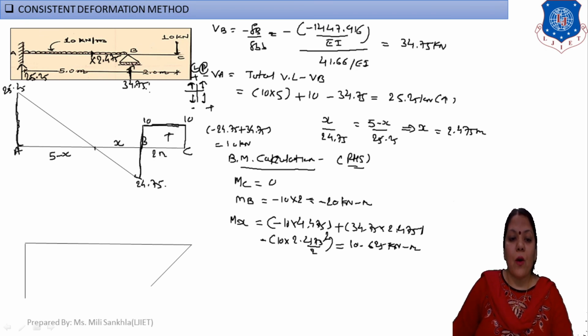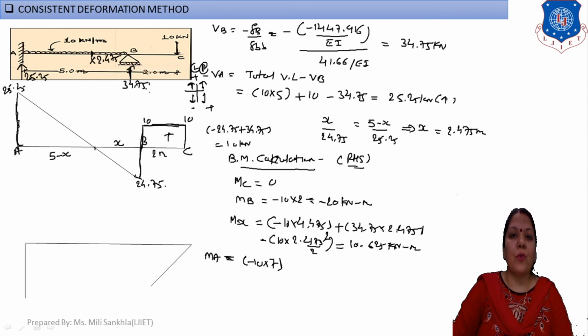Now I'll find the moment at A. Mention here moment at A is equal to, here 3 loadings are there. First load is 10 into 7, write down, and this is minus because right-hand side clockwise, 10 into 7.